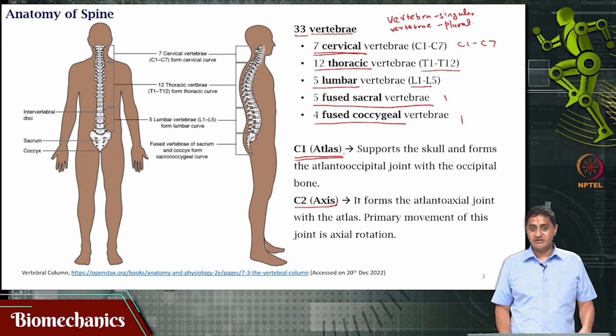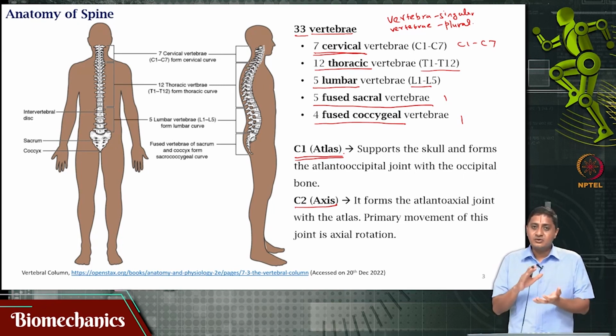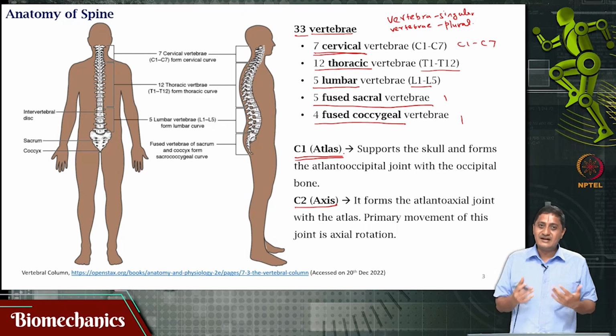What is the function of the atlas? Right. It provides a space for the head, or the occipital bone, to rest. We already said what is the purpose of the vertebral column: to support the head.